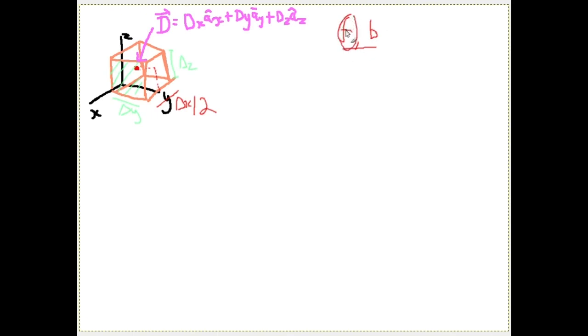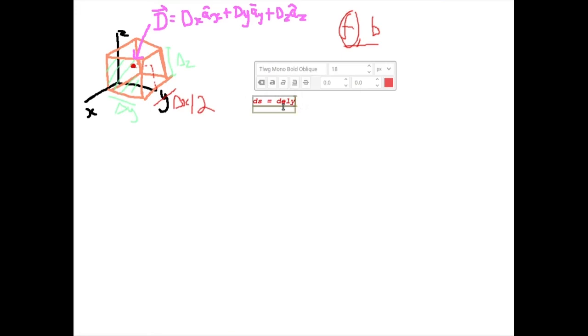I know x is fixed, so I can write dS as del y, which is the y-axis we are seeing here, into del z, the change with respect to the z-axis.